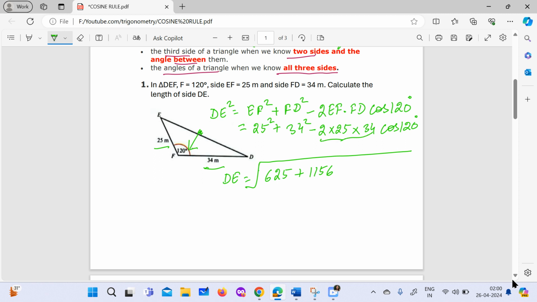So here you will get something 1700. So you will put in your calculator 1700 cos 120 and you will get minus 850.